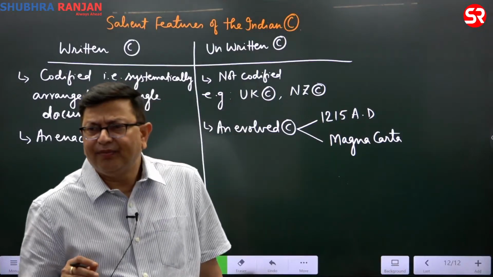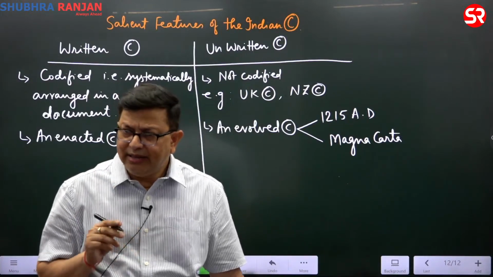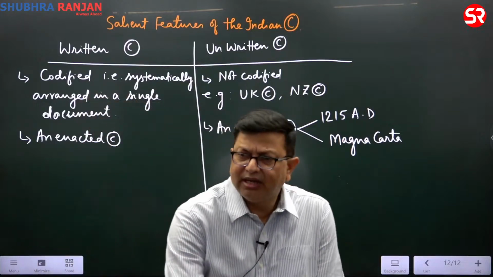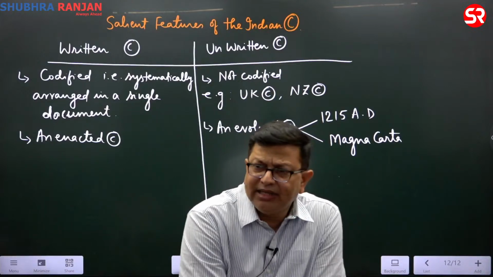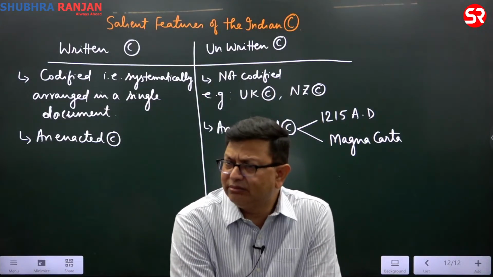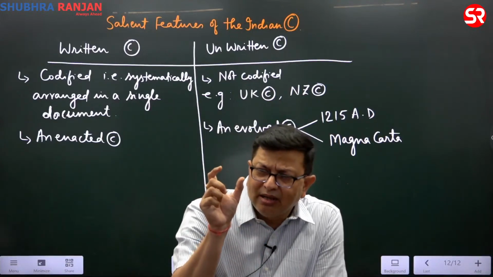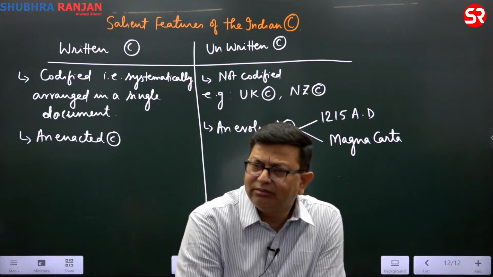Magna Carta was the decree of the king, and in 1215 AD, the British king issued a declaration, and he resolved to do something for the people.